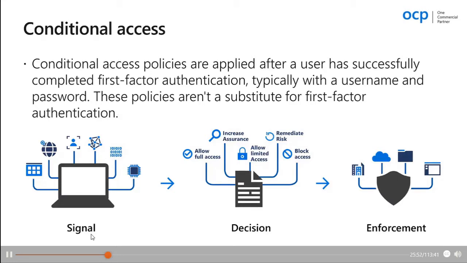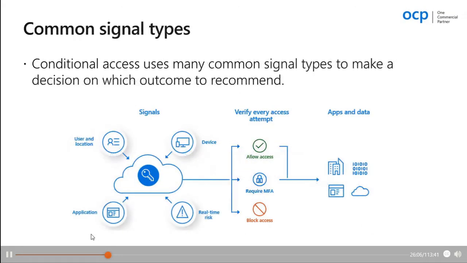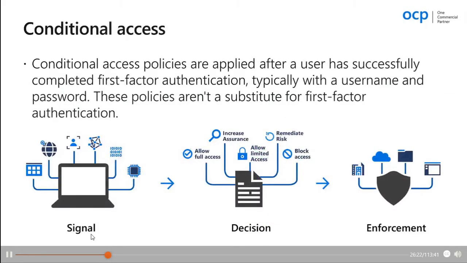Conditional access policies are an awesome feature. I'm a huge fan of this. I have a signal, and based on that signal, I can then make a decision. The signals I have are the user and their location, where they are right now, which device they are using, which application is trying to get access, things like that.